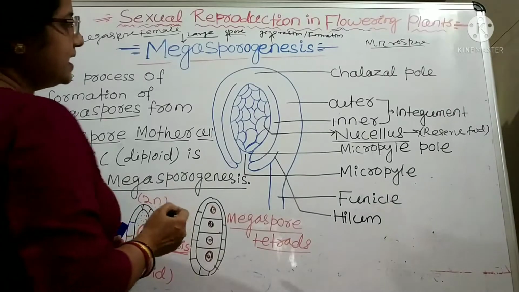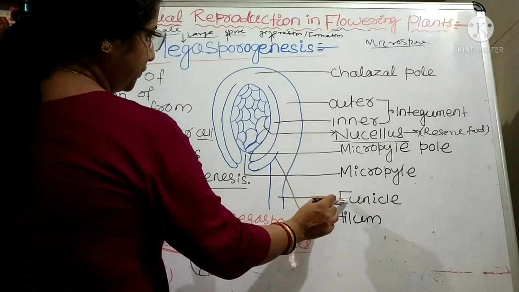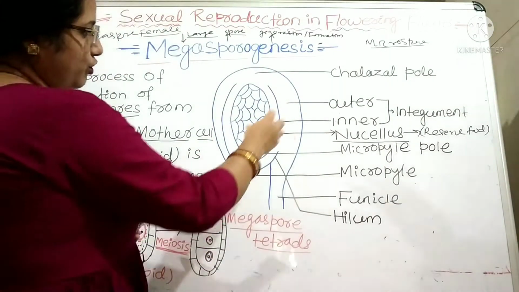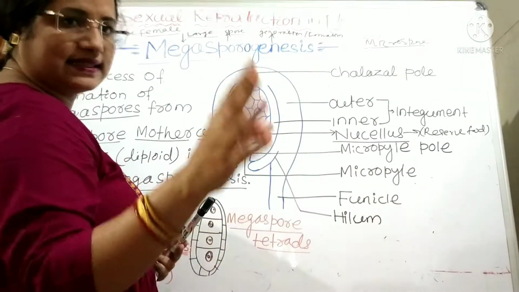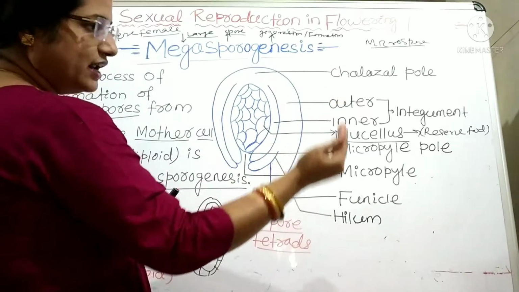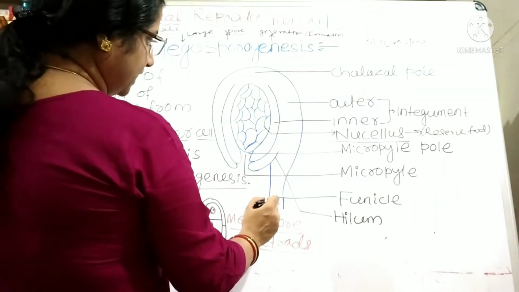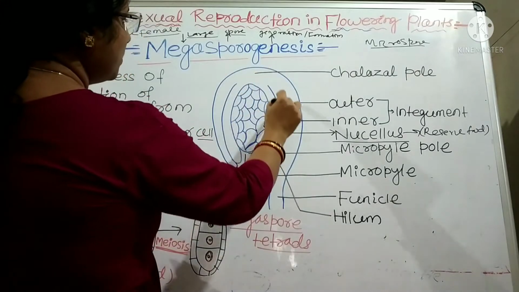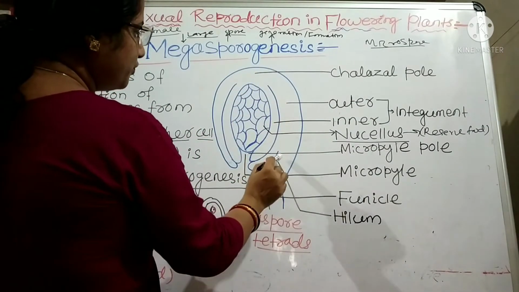And this is the funicle. The point where the ovule is attached to the placenta or the ovary wall is known as funicle. And this part is hilum, where the body of the ovule is attached to the funicle.